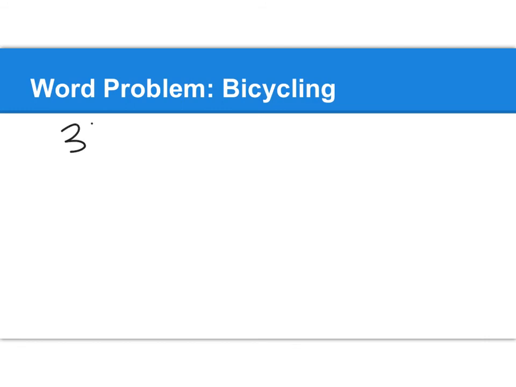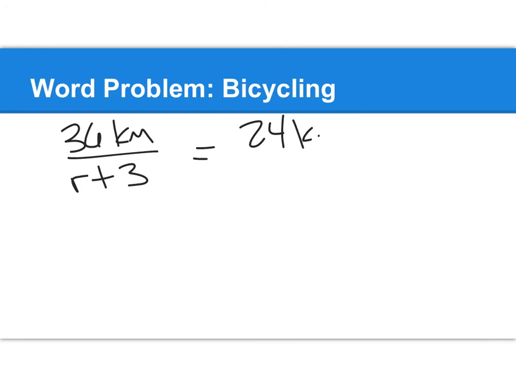If he can go 36 kilometers with the wind at a speed of r plus 3 kilometers per hour, and we know that that's equivalent to him traveling 24 kilometers when his speed is reduced by 3 kilometers per hour. We can find that speed very simply by the old technique of cross-multiplying.